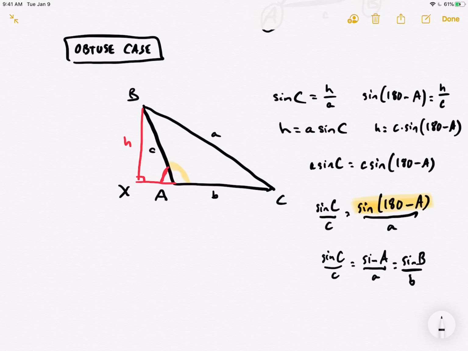So what we see is that the obtuse case actually works out just the same, all because we had that nice little rule way back when that sine of theta is equal to sine of 180 minus theta.